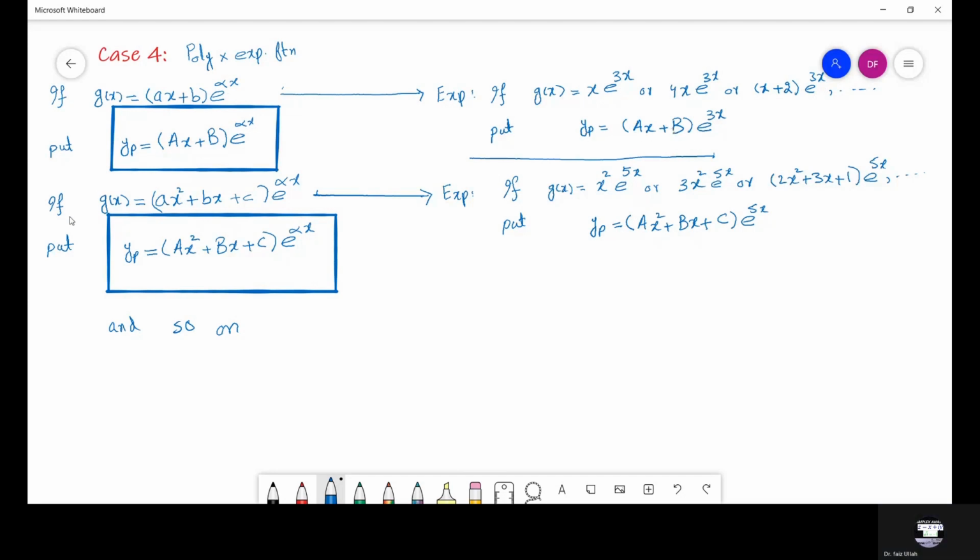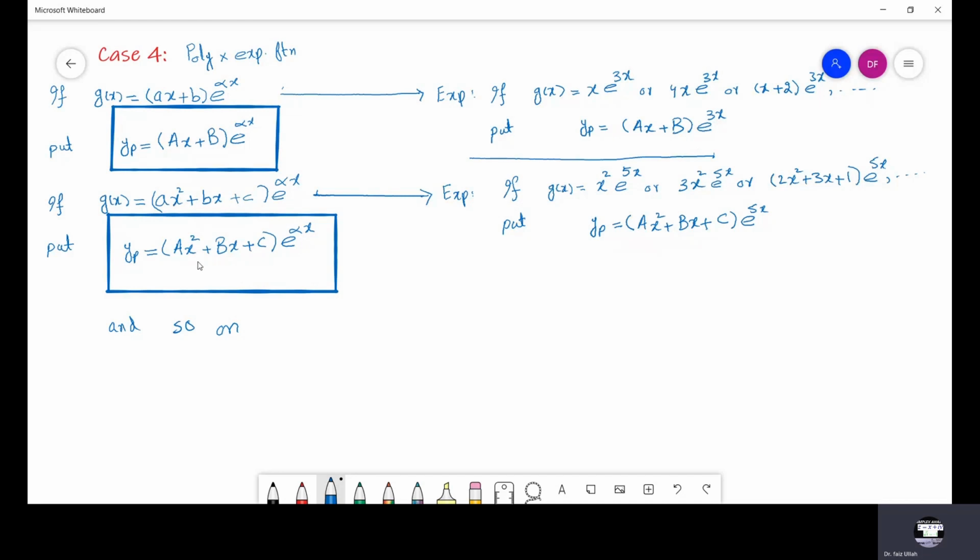If g of x is equal to second order polynomial into e power alpha x, we shall put yp is equal to ax square plus bx plus c e power alpha x. Let us see this example. If g of x is equal to x square e power 5x, or 3x square e power 5x, or 2x square plus 3x plus 1 e power 5x, we shall put yp is equal to ax square plus bx plus c into e power 5x.